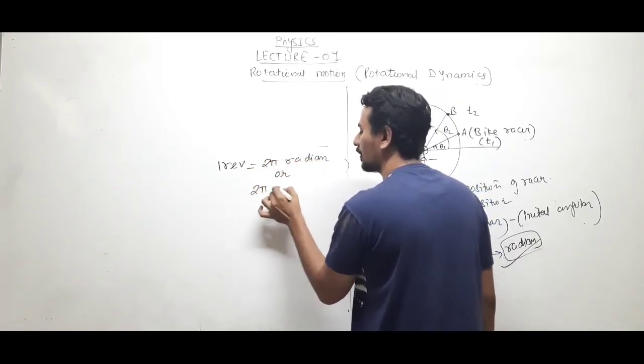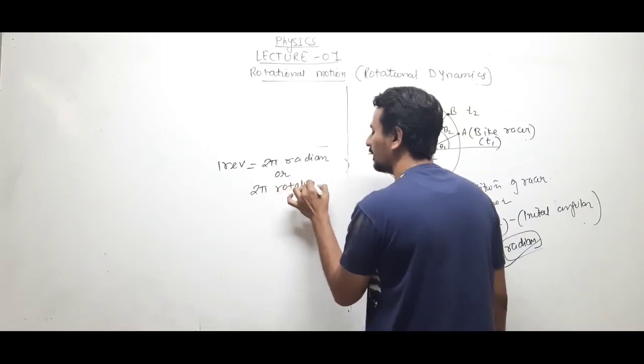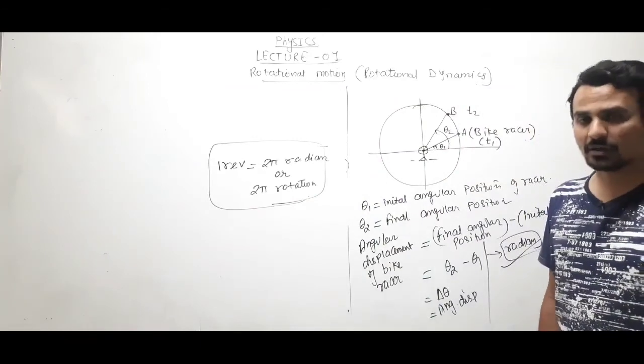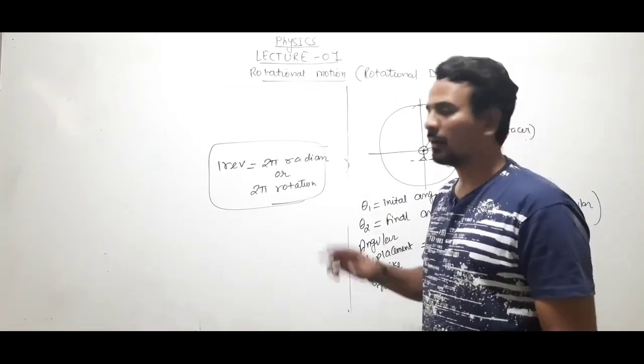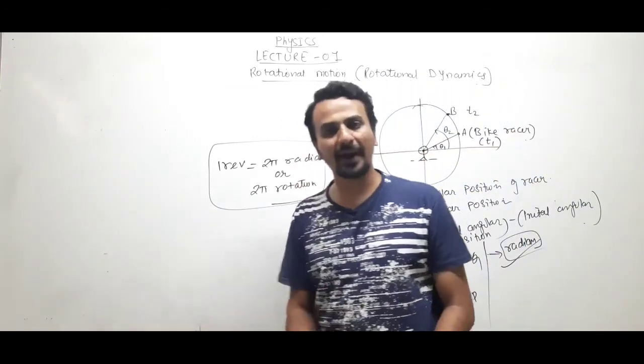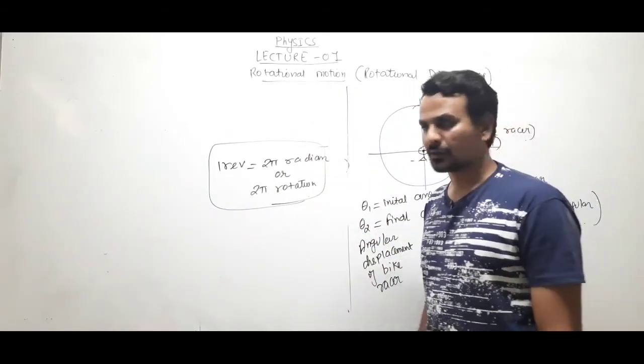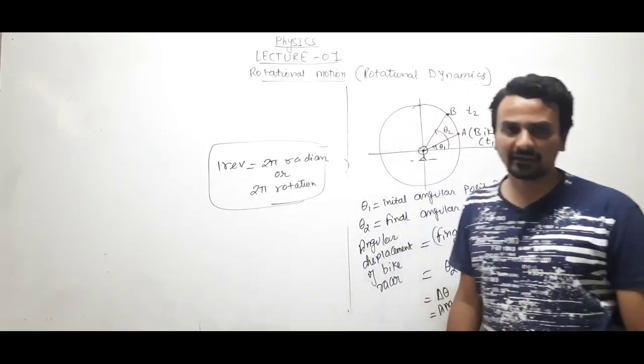So if they have given angular displacement in revolution or rotation, multiply the value by 2 pi to get it into radian. Clear? So this was all about angular displacement.